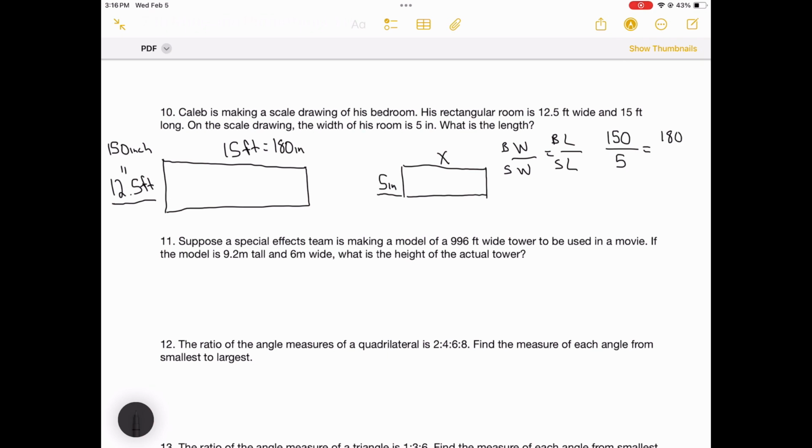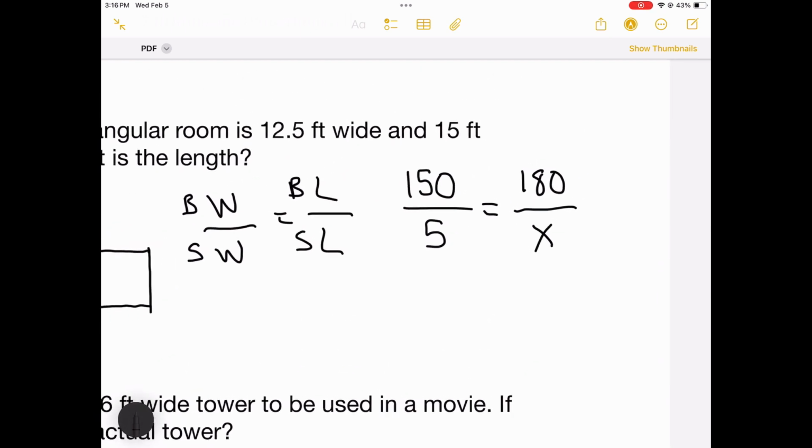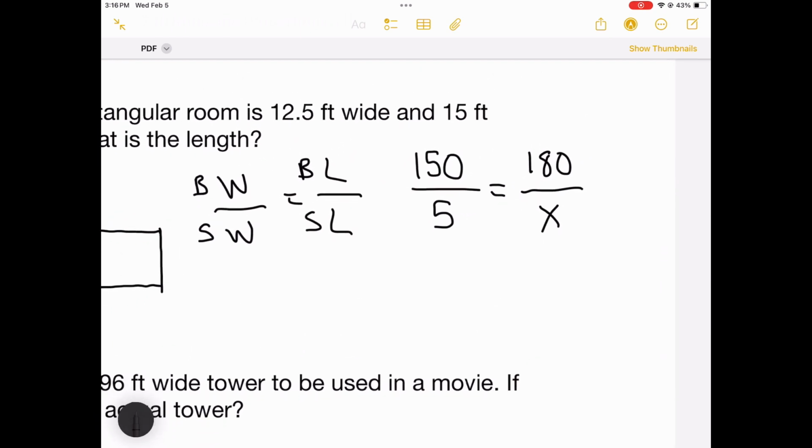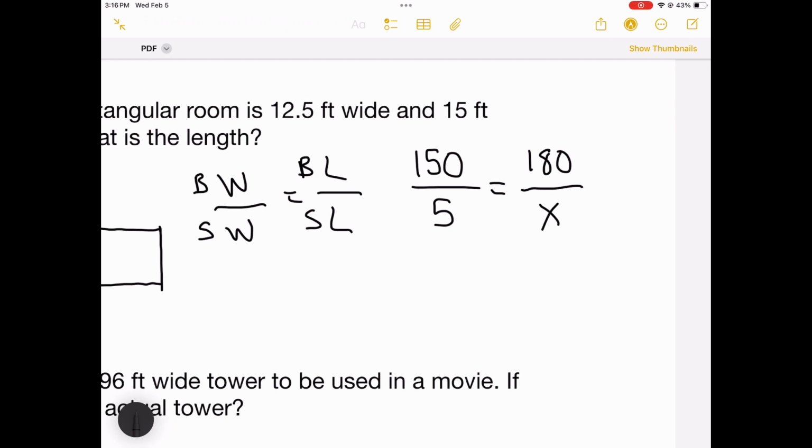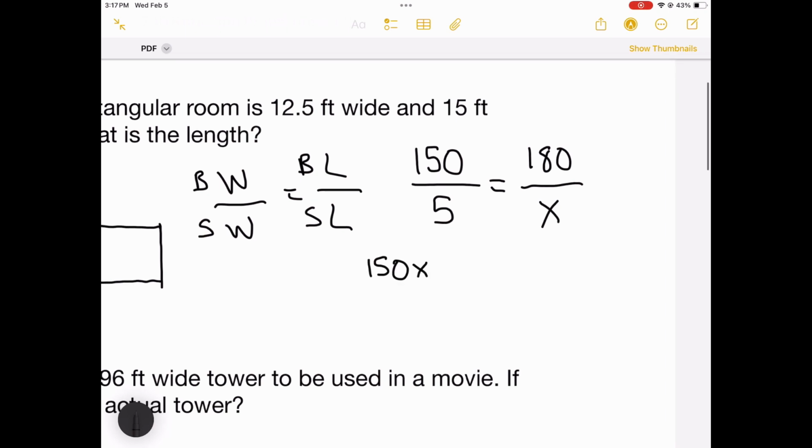So now that I set up my proportion, I am going to do the cross multiplication thing again, which is 150x equals 5 times 180, which is 900. Divide by 150, divide by 150. You're going to get x equals 6 inches. There you go. So x equals 6 inches.